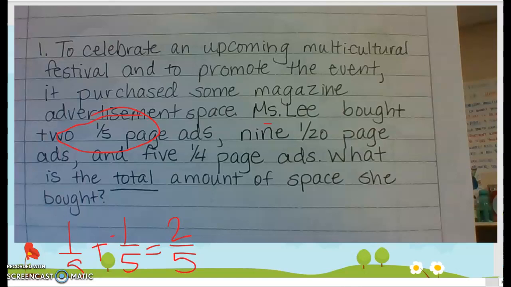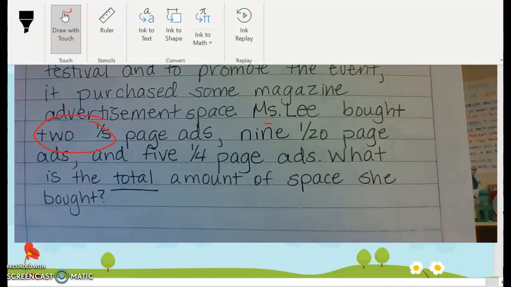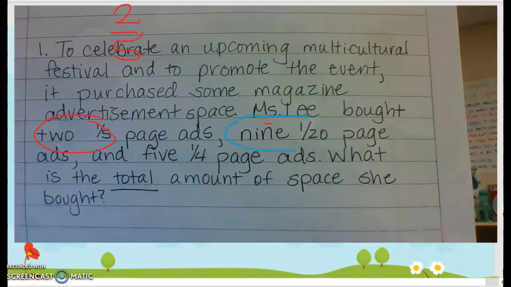All right, so now I know that this right here is 2/5. So I'm just going to make a note of that up top here. This one is 2/5. Now, since we've just figured out how to solve that, you can probably figure out how to solve this one, 9 1/20th page ads.